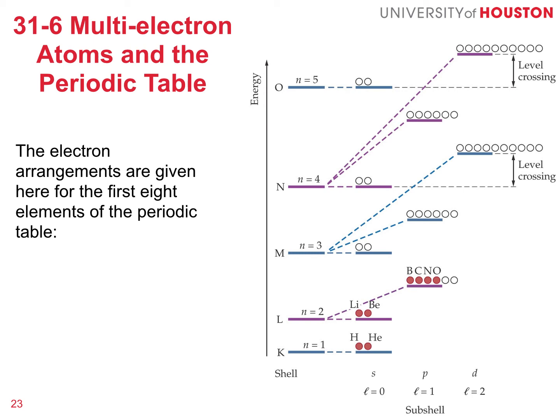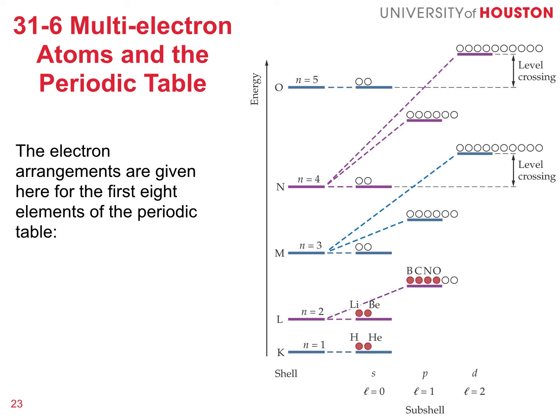The electron arrangements are given here for the first 8 elements of the periodic table. So what we can see for hydrogen is the electron will occupy the n equals 1 state, and it will have an L of 0, an ml of 0, and either an ms of minus a half or an ms of plus a half.